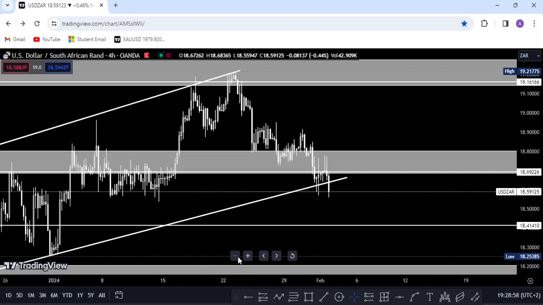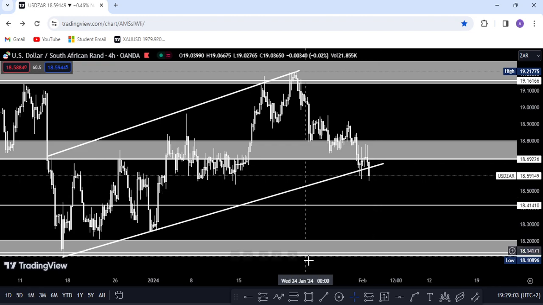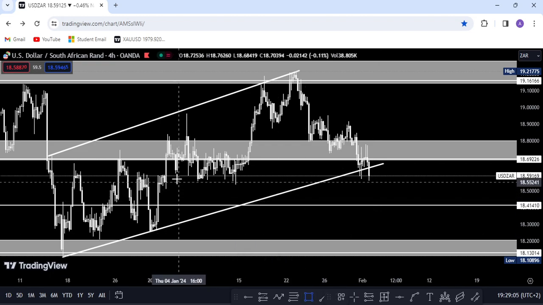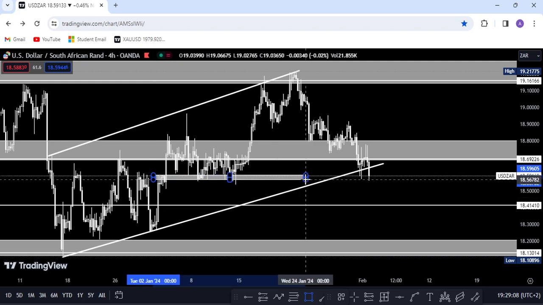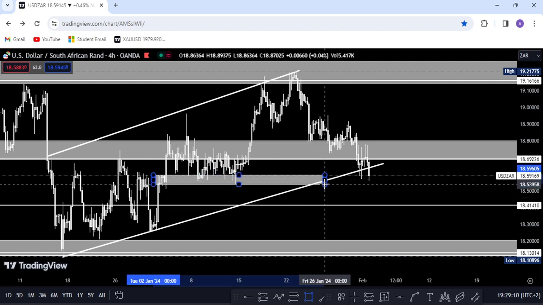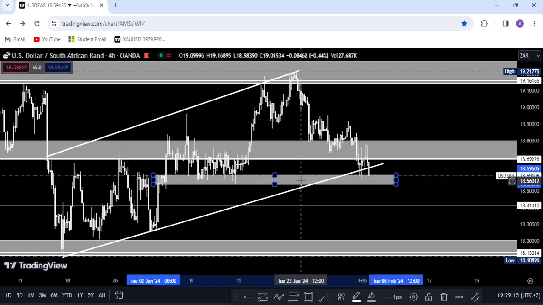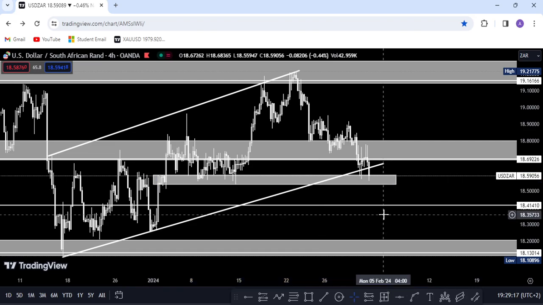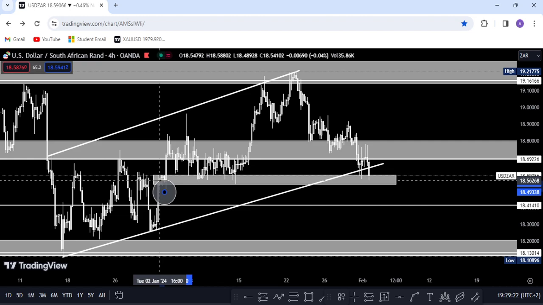So without going any further, as you can see, I would also like to mark this part here. I would like to mark it very much, because this is where prices have been bouncing. Let me just show this to you so that it can be clear.